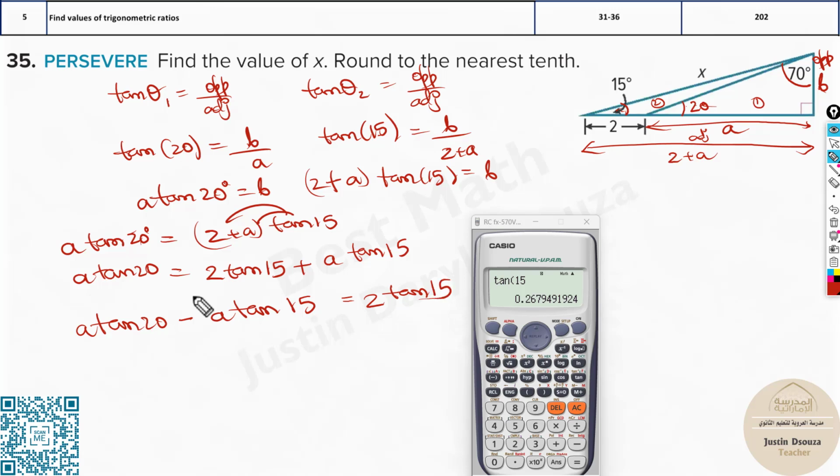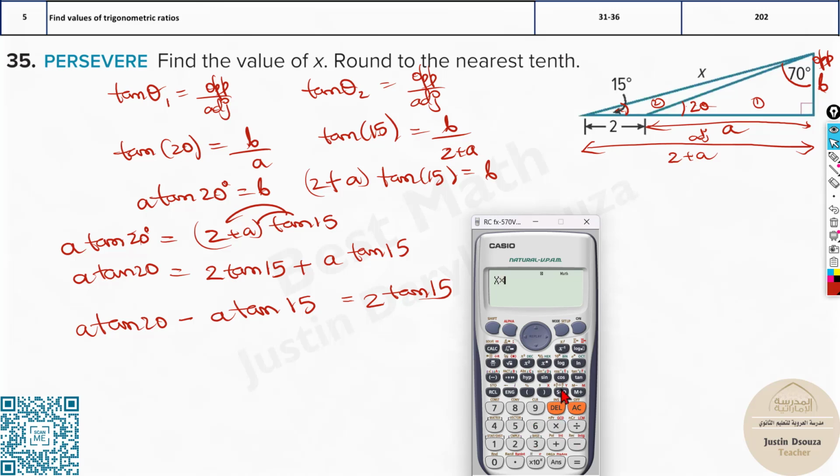Now you can solve it in the calculator over here and then solve it up, or you can just put this entirely in the calculator as well. What I'm saying is, you have to solve for tan 20, tan 15, and this entire thing in the calculator, then take everything to the other side, divide by that number, and then solve it. But instead of all that mess, I'll just put this entirely in the calculator.